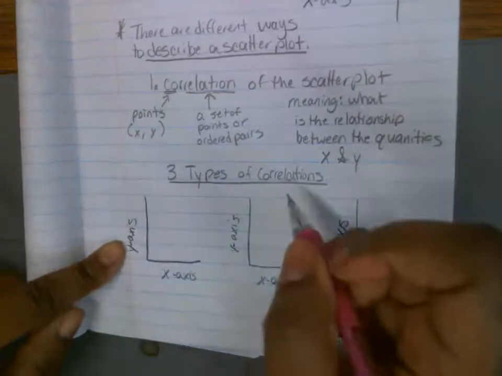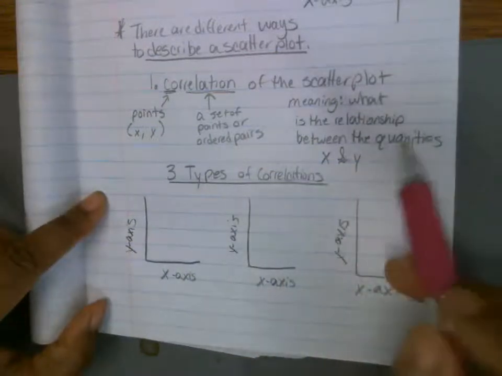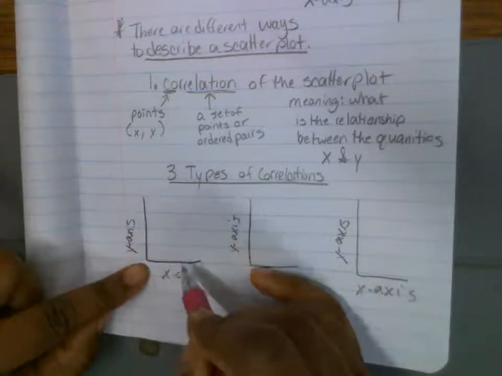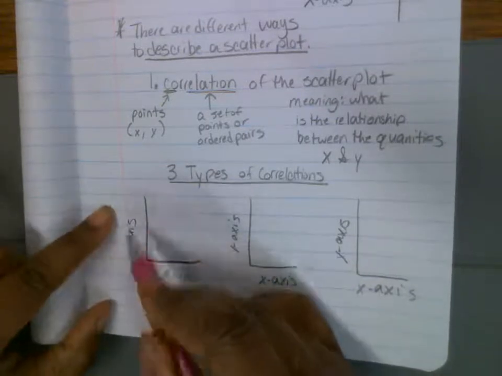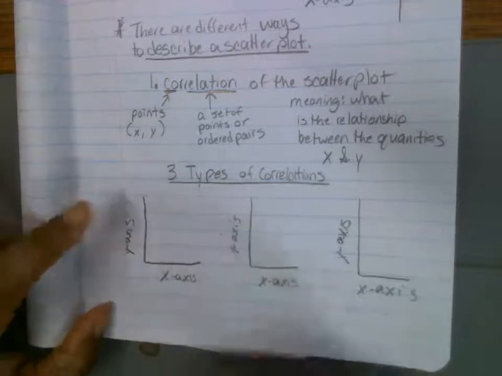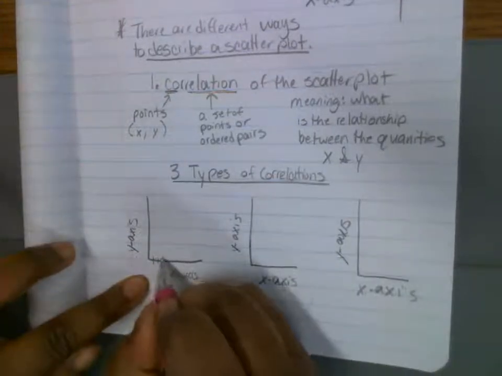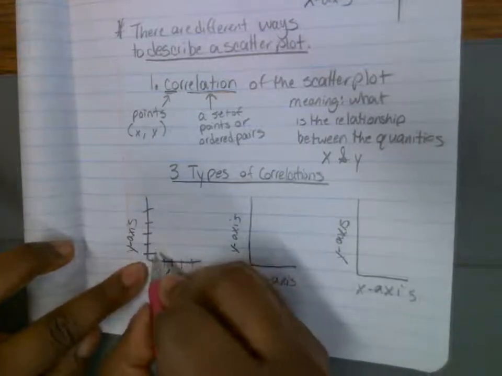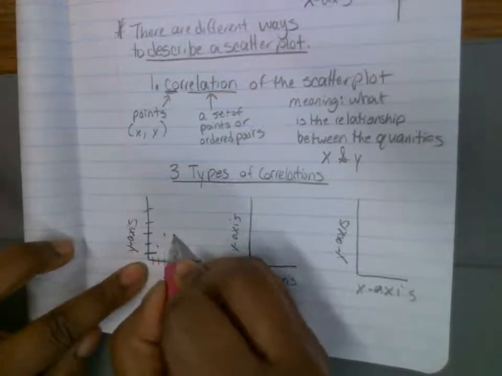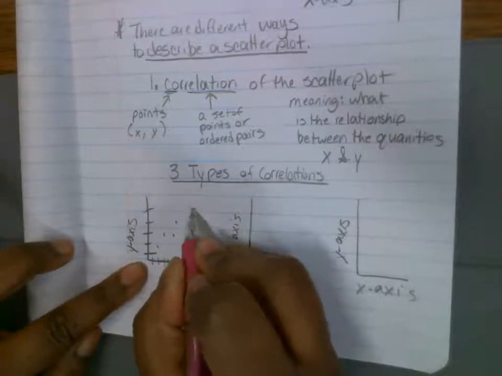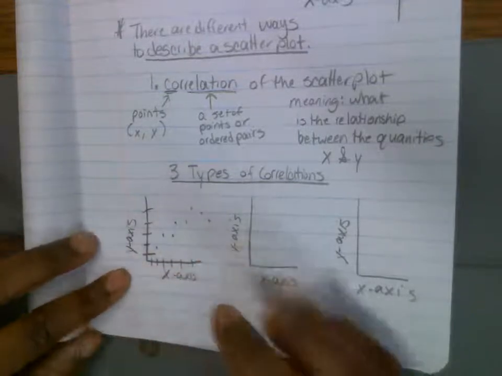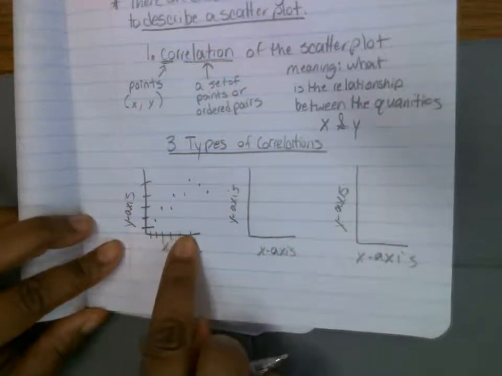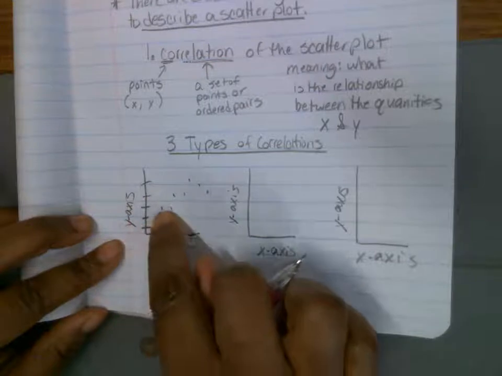If you have a scatter plot, when you graph the two quantities, whatever's on the x and whatever's on the y, could be the hours worked and the total amount of money made, or whatever it is, if as x increases, y increases, which means you have points that on the average are going up. As you can see, for the most part, as your x increases, your y is also increasing.